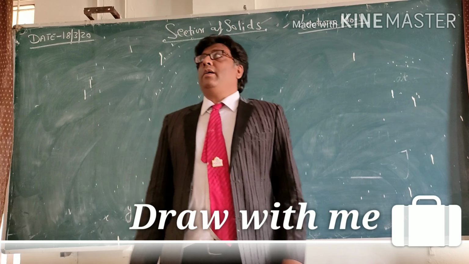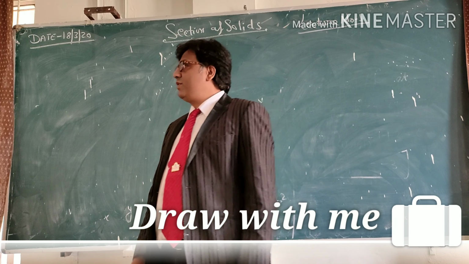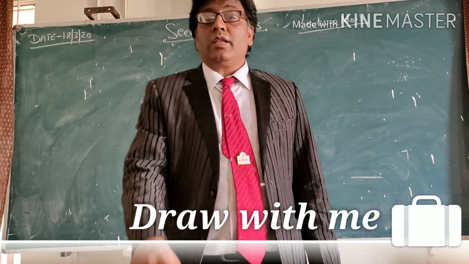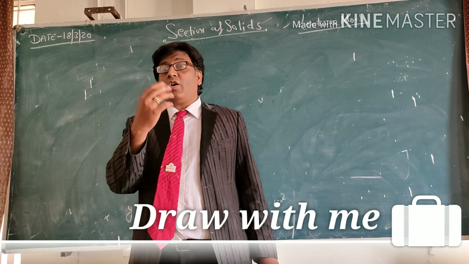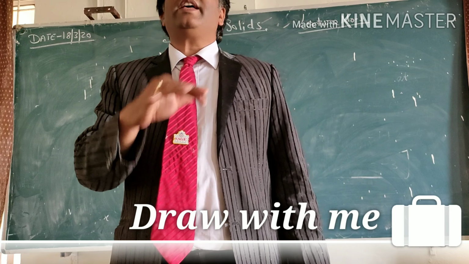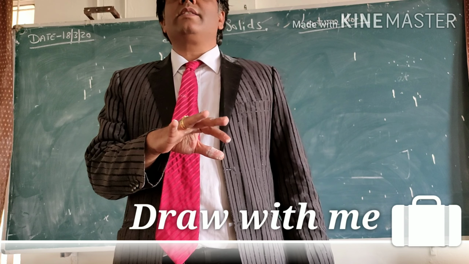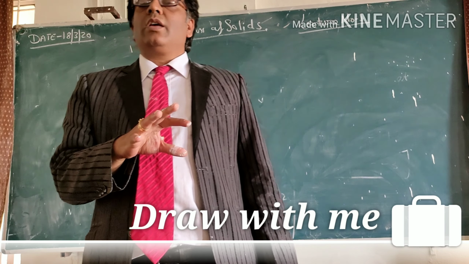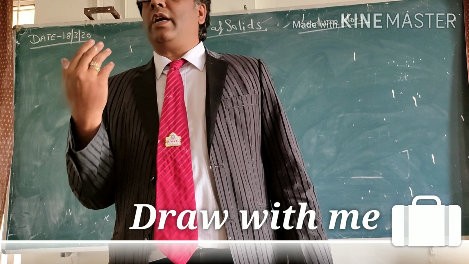Now I am just going to draw. So our condition was that this square prism of base side 30 mm and axis length 60 mm is resting on HP on one of its bases such that one of its base sides is parallel to VP.